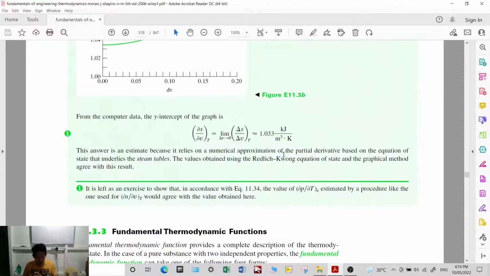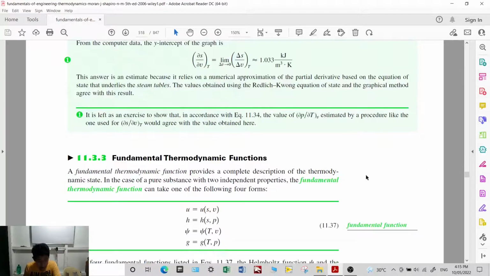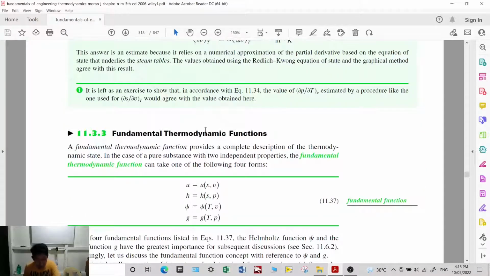So we can see that it agrees with the Redlich-Kwong equation. Okay? So we can see that the Maxwell relation is good to use, and we now have a way to get the property using Maxwell relations. Okay, we'll proceed.